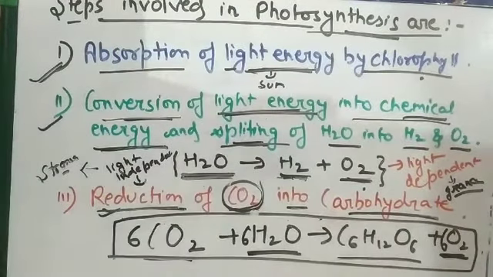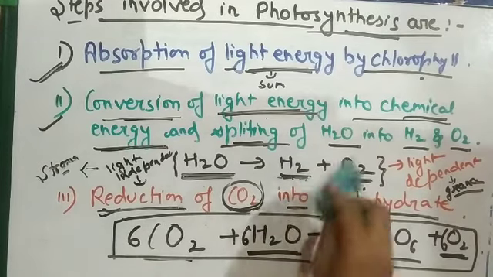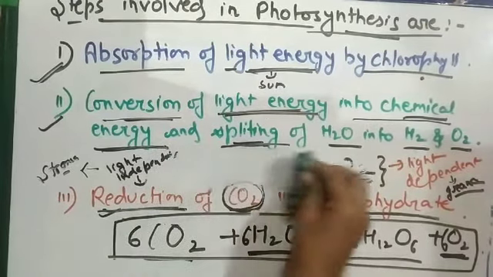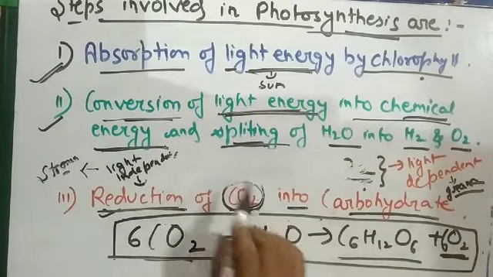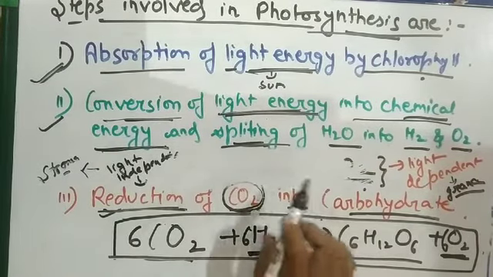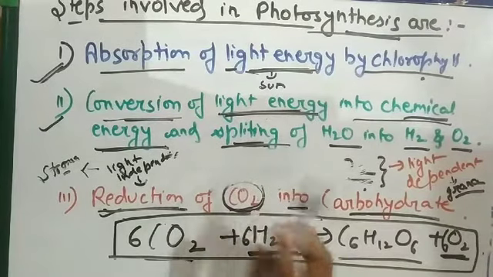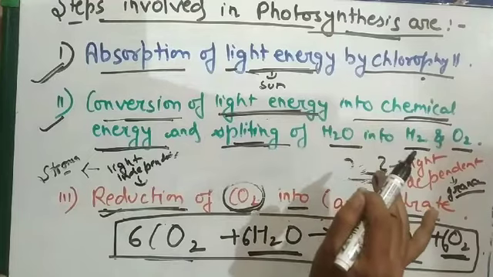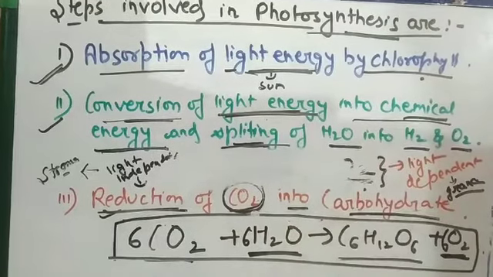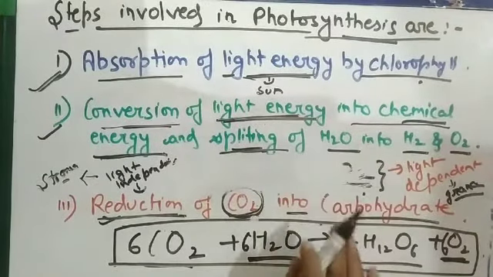In this way, we have completed the process of photosynthesis, where we have studied what photosynthesis is at first, and then all the raw materials that plants need to make photosynthesis, how plants take carbon dioxide, water molecule, sunlight energy, and the chlorophyll molecule, and all the 3 steps that are involved in photosynthesis.